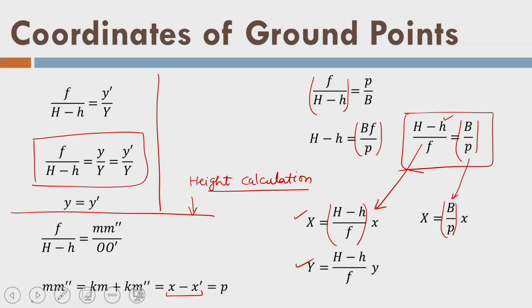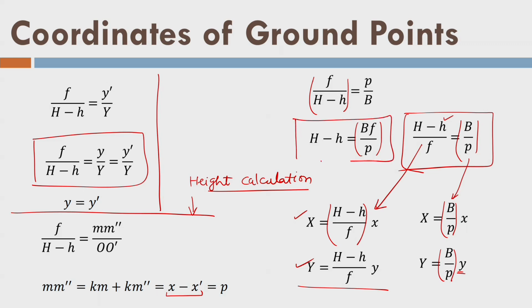Similarly, I can write y equal to B upon P into y. So basically I am doing all the calculations together. Here you can see very carefully, I can find out h as h minus Bf upon P, and P is nothing but the parallax of any point. So I am deriving a generic expression. So this is the height of the point.